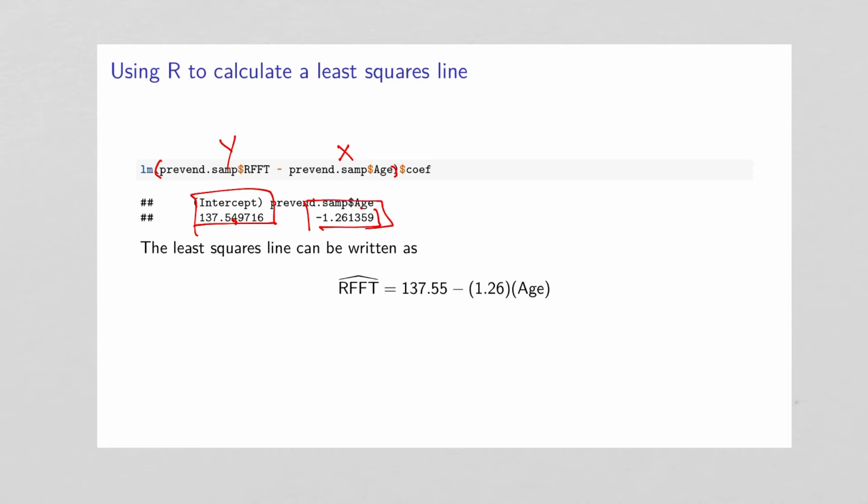And then this is your coefficient for x. This is what you would put. So in the formula, your expected value of RFFT is the intercept minus, because it's a negative number there, 1.26 times x. Okay?